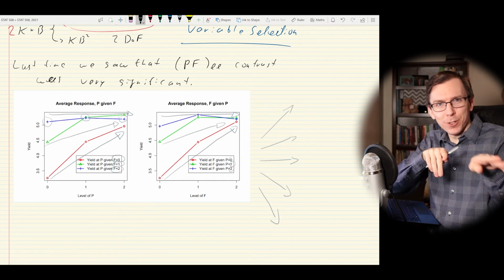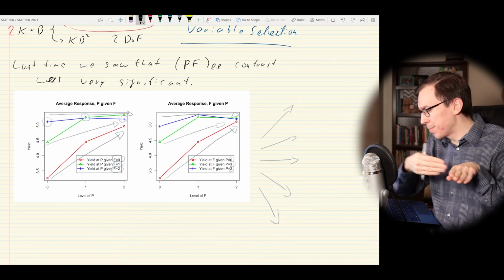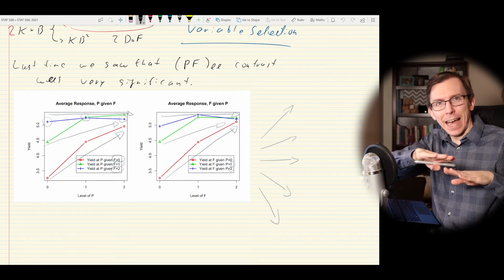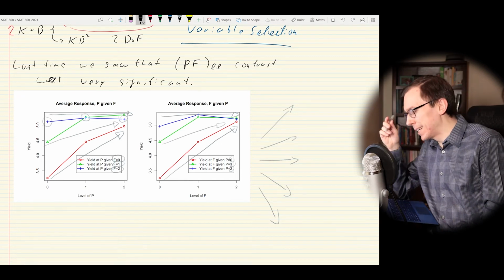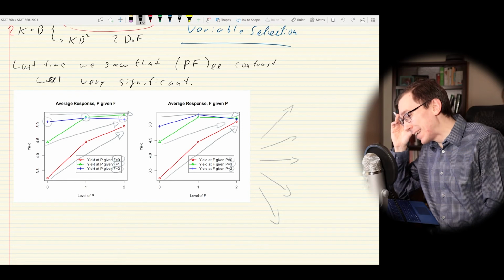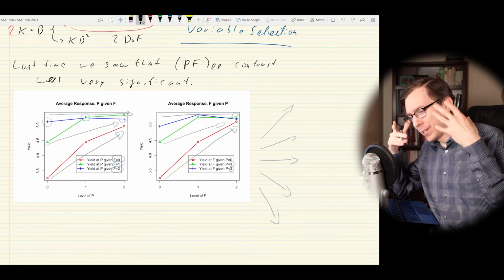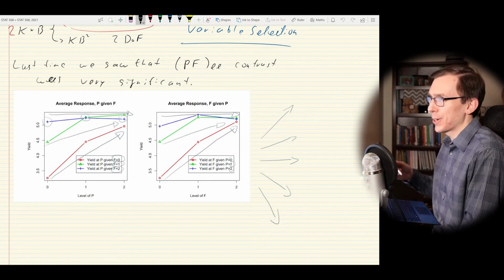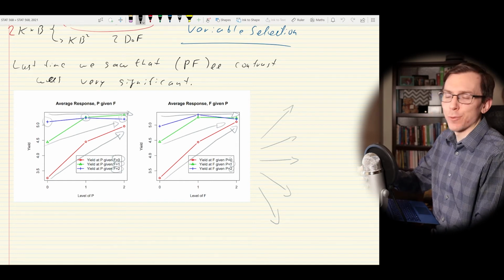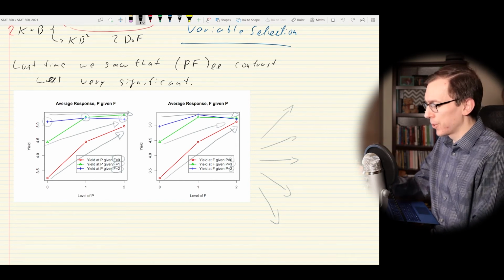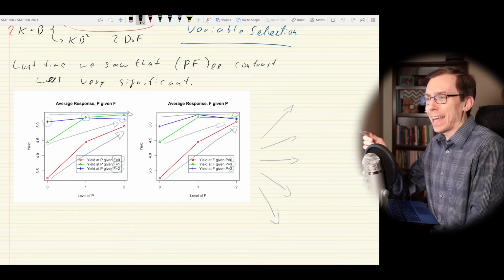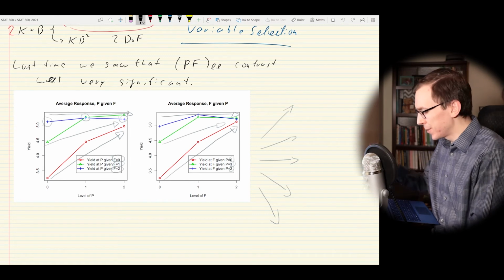If I have one direction for F and one direction for P, and my response is the z-axis, then I would have a flat plane kind of there. But in higher dimensions, it just gets even harder to visualize what's going on. It doesn't hurt to check, but it is one of the reasons why we often strongly prefer to use fractional designs when we have factors that have 3 or more levels.